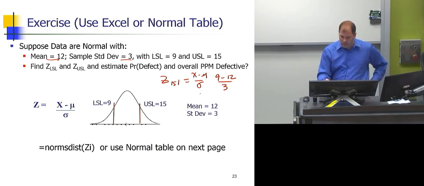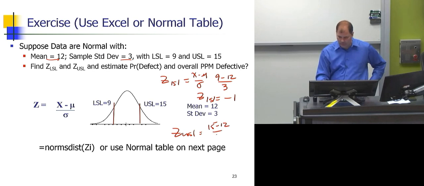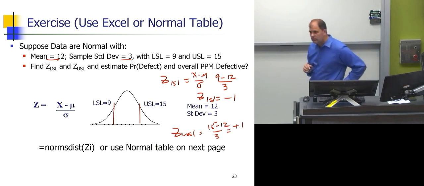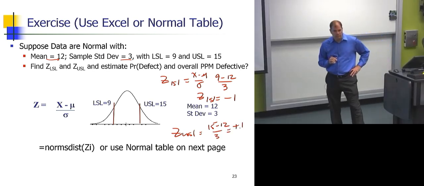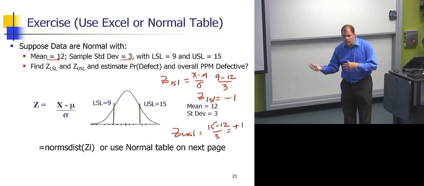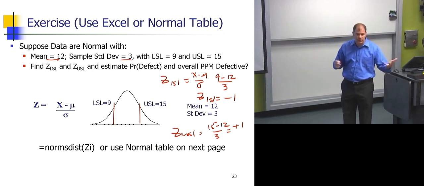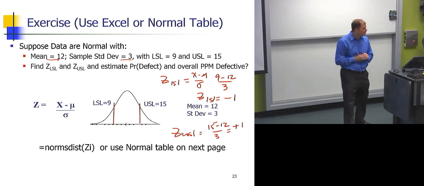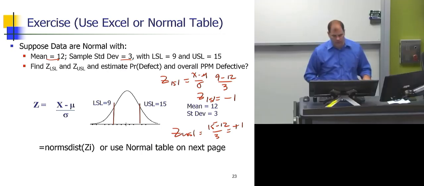So z LSL will be equal to what number? -1. And then z USL is going to be 15 minus 12 over 3, or a +1. Are you with me? Remember this from before? You had lower and upper spec limits, just the x. I used the mean and the standard deviation to come up with a z value.